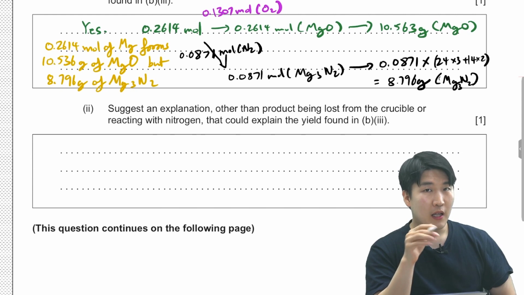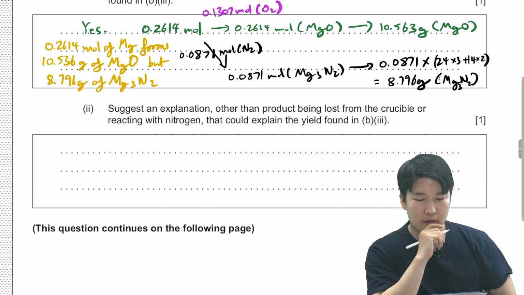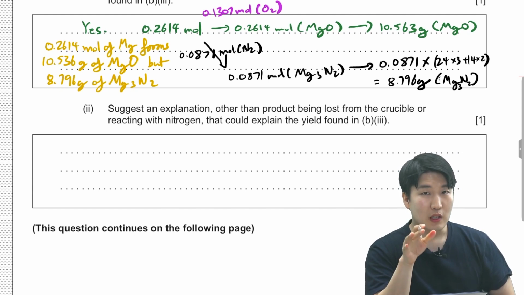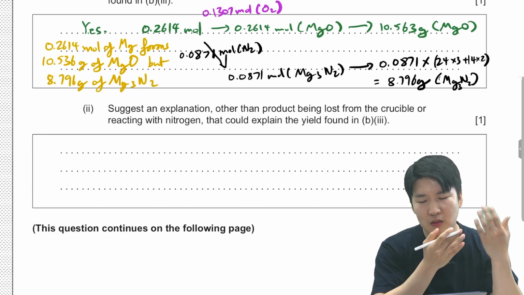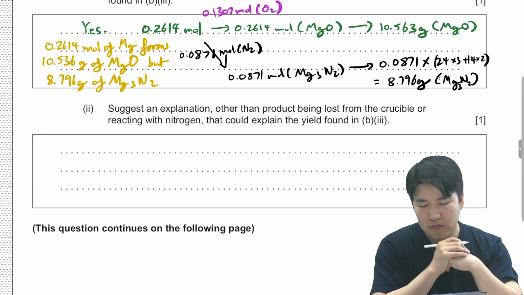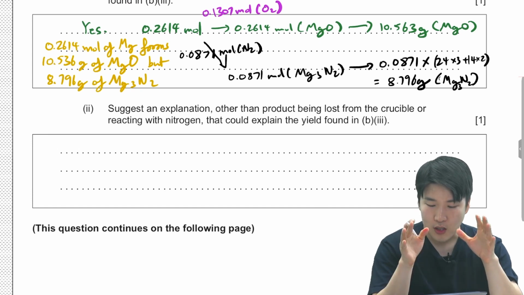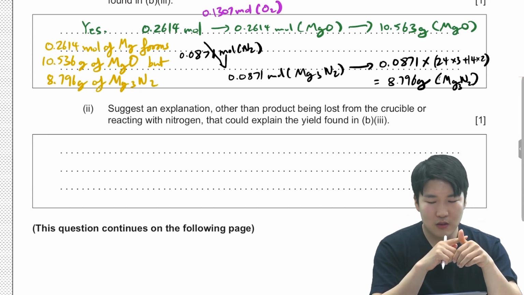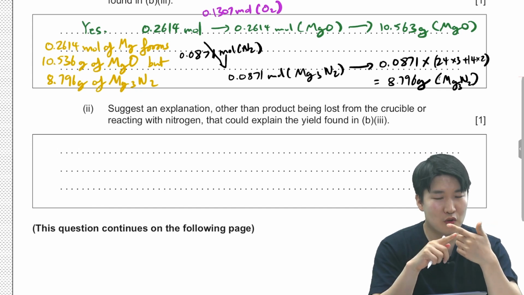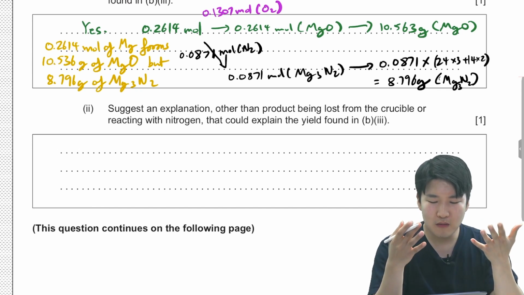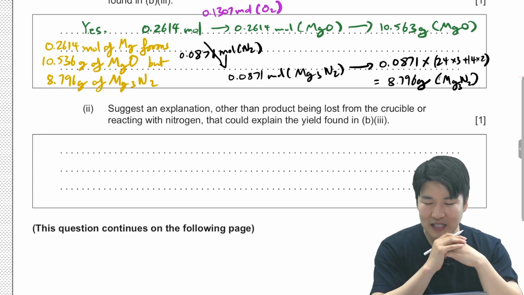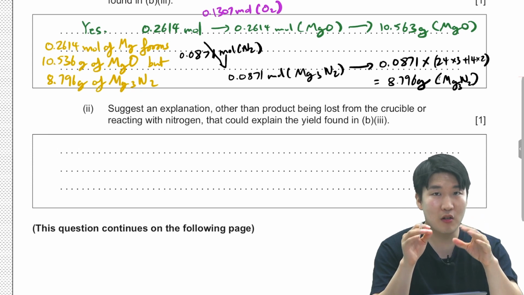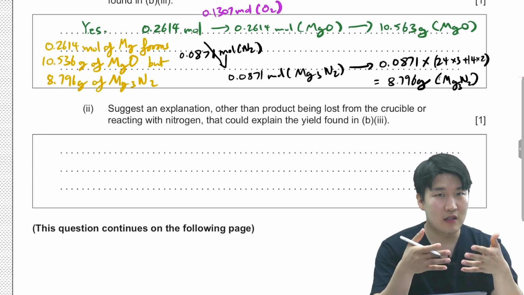Then we're going to explain another possibility where magnesium has not reacted with nitrogen, but somehow we've still lost product. We haven't reacted with nitrogen, but is there any other reason for the yield being smaller than expected? Okay, the easiest way to go about answering this question is to suspect the purity of our reactant sample.